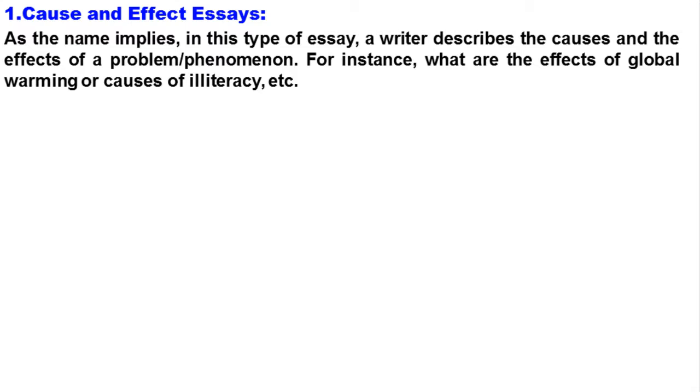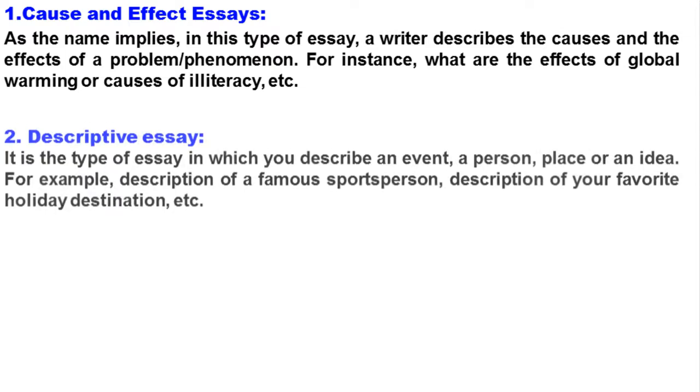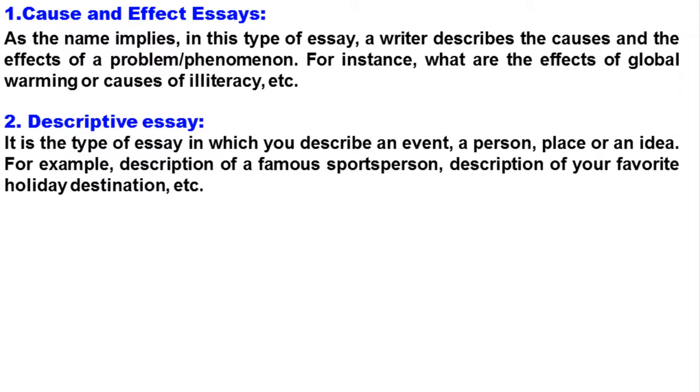These are examples of cause and effect essay topics. Descriptive essay. It's the type of essay in which you describe an event, person, place, or an idea. For example, description of a famous sports person, description of your favorite holiday destination, and so on.